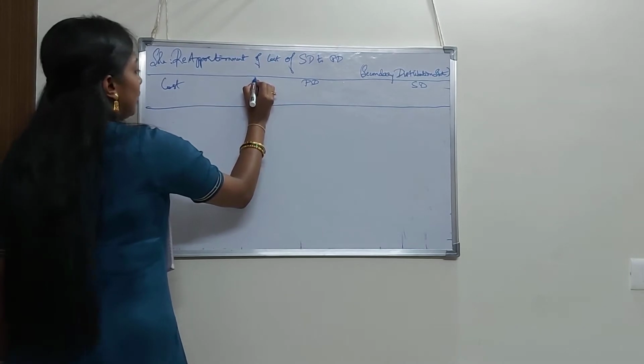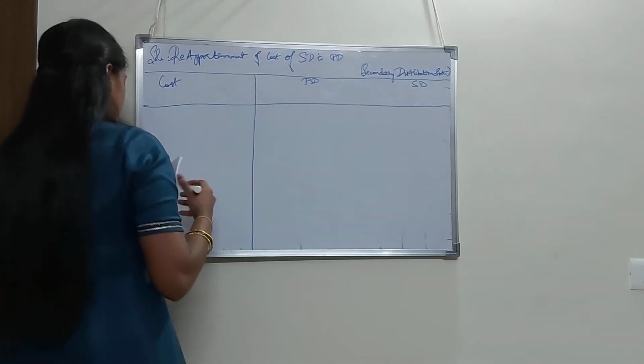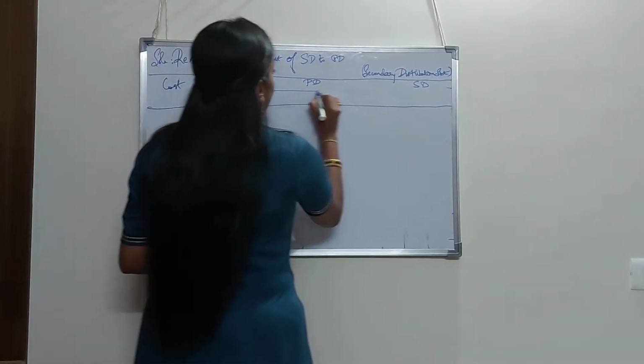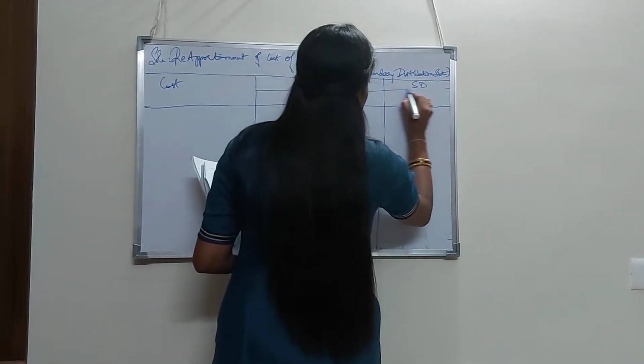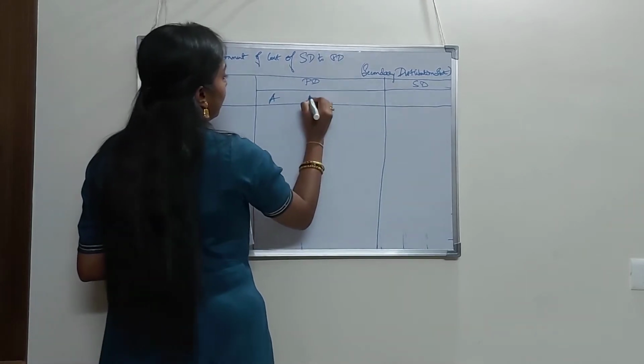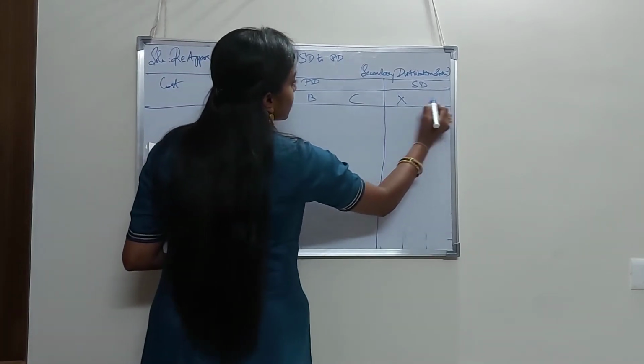Because we don't have any apportionment, we have to repeatedly distribute. So how many production departments do we have? 3, and we have 2 service departments, isn't it? So we have A, B, C, X, Y.